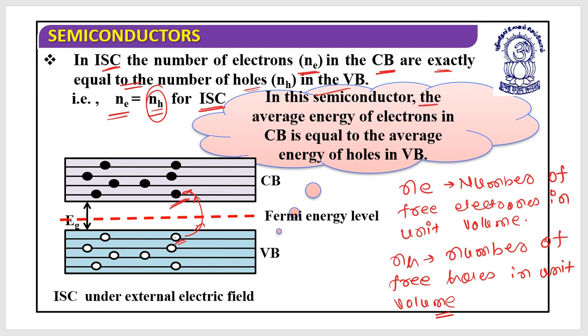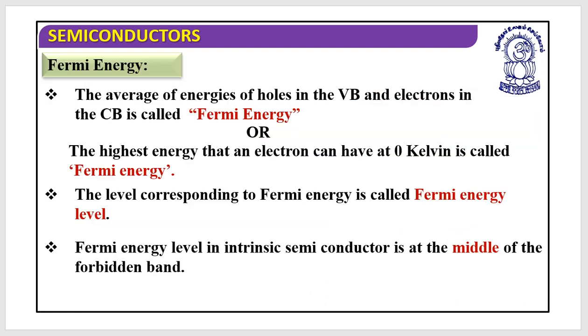So in this semiconductor, the average energy of electrons in the conduction band is always equal to the average energy of holes in the valence band. I hope this is clear. Is it? Great. Now let's discuss the Fermi energy as well.